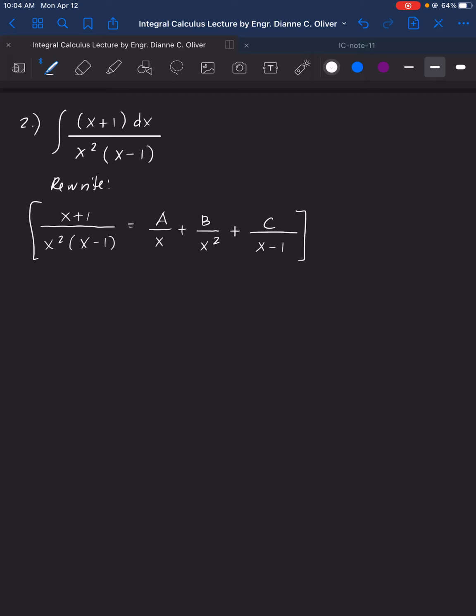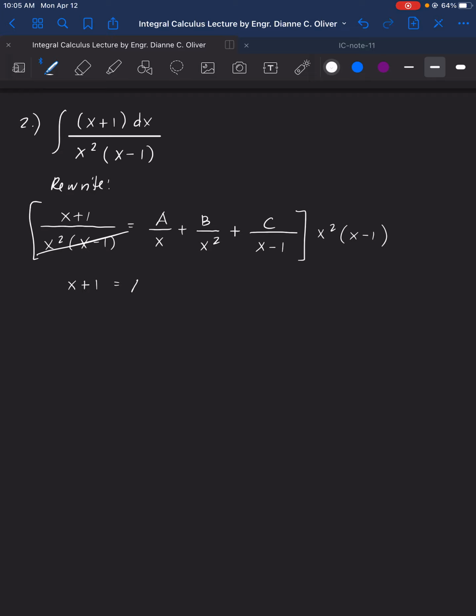Multiply both sides with x squared times (x minus 1). Multiply this to the left side. It will cancel out. So what's left will be x plus 1 equals, multiply this to the first term in the right side. So we cancel out x.